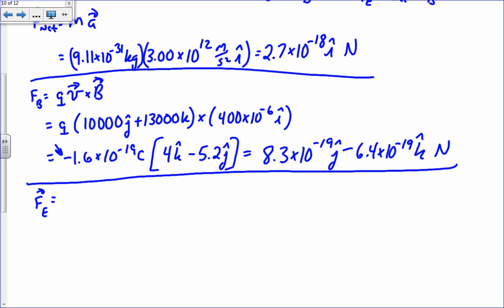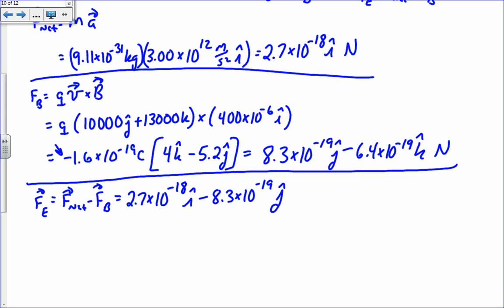So my electric force is going to be F net minus FB, which is going to equal 2.7, taking the difference in them. That's my electric force.